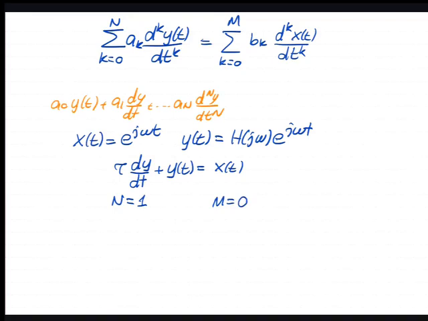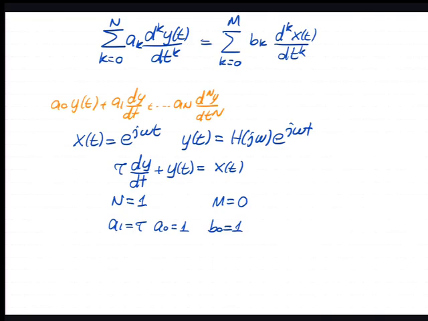None. And what are the coefficients? A1, the coefficient of the derivative of y, is tau. A0, the coefficient of y, is 1. And B0, the coefficient of x, is also 1. So this is all coming close to solving your homework problem, but anyway, it was an easy problem, so I don't worry about it.